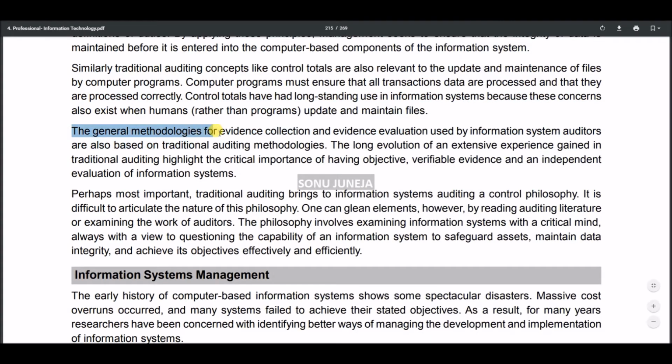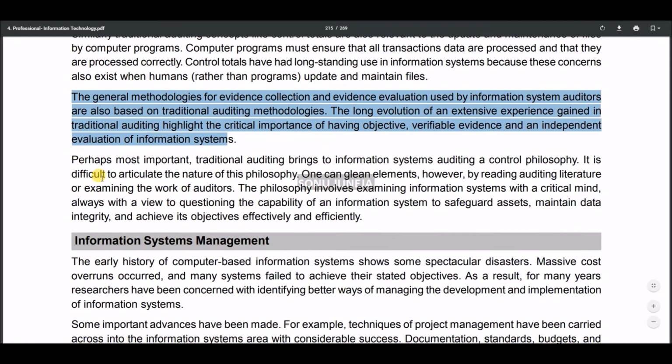The general methodologies for evidence collection and evidence evaluation used by information system auditors are also based on traditional auditing methodologies. The long evolution and extensive experience gained in traditional auditing highlight the critical importance of having objective, verifiable evidence and independent evaluation of information systems.